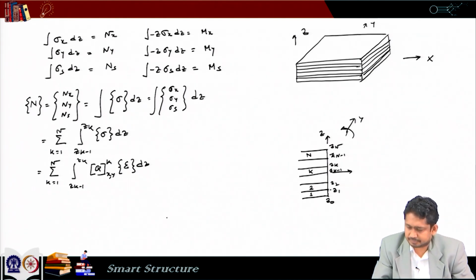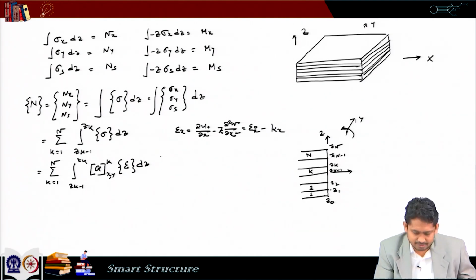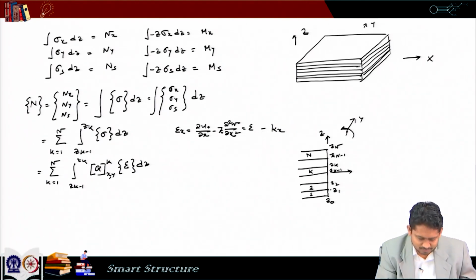Now, if you write the strain displacement relation, we know that epsilon x is equal to del u by del x minus z into del 2 w by del x 2, and we call it epsilon x 0 minus z kappa x, or let us put the 0 in the superscript as well. So, epsilon x superscript 0.